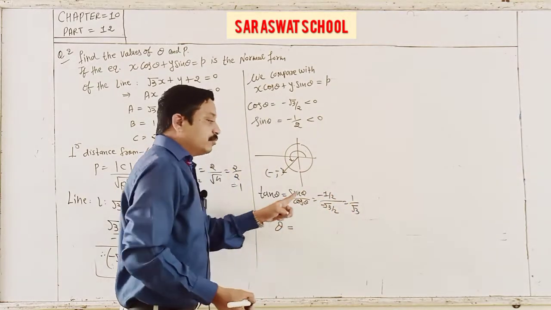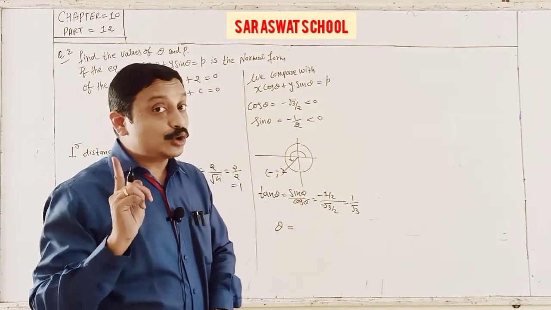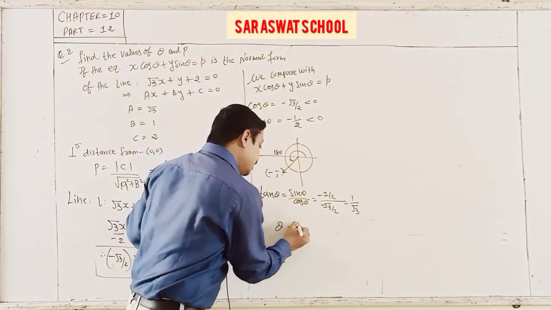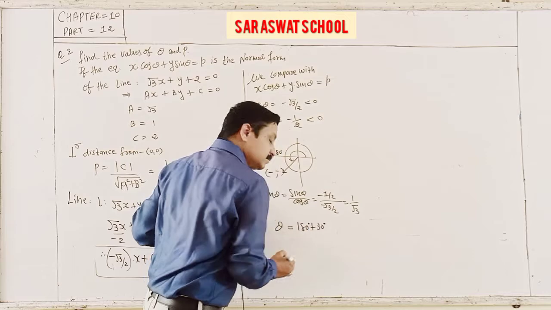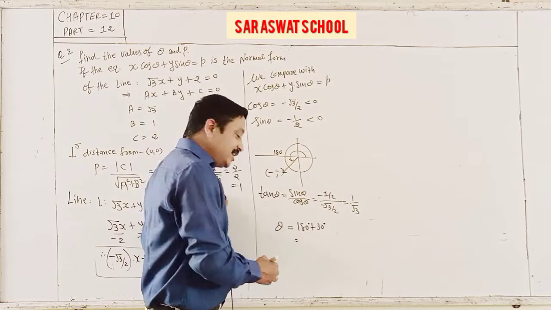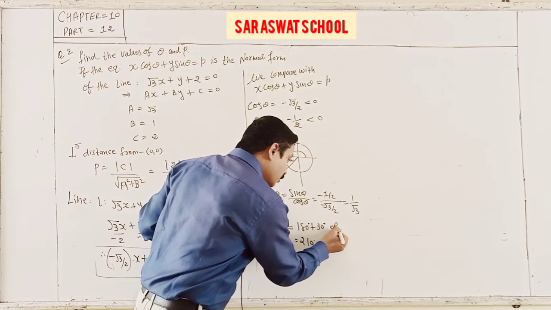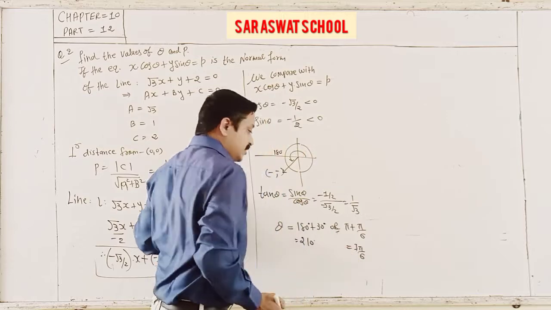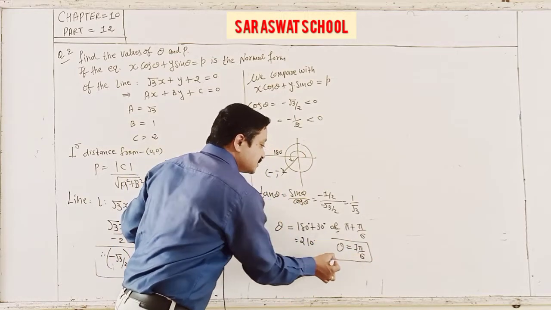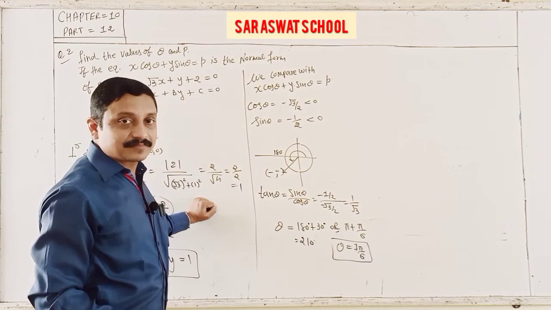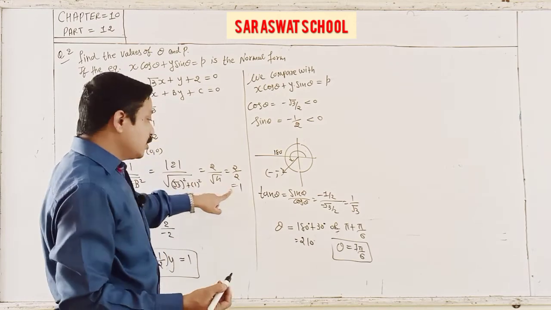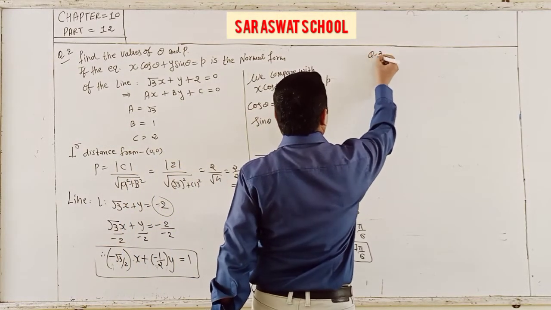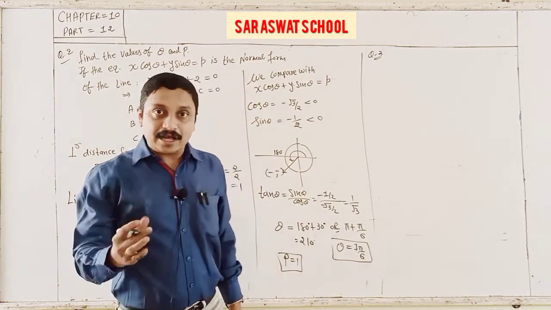Yes, you are thinking correctly, 1 by root 3 is 30 degree, but we do not write 30, it is 180 plus 30, which is 210. Otherwise you can write pi plus pi by 6, that is 7 pi by 6. It means your theta is 7 pi by 6, or 210 degrees, and p is 1. That's your answer, and that question is finished. Now the third one.